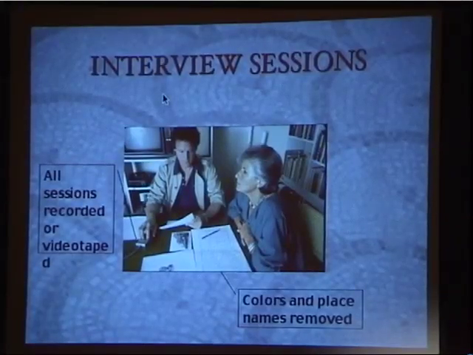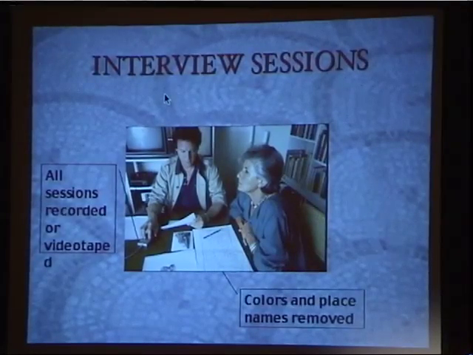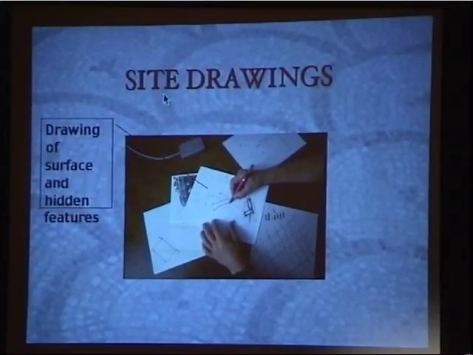I want to point out, you'll notice the maps. You'll see this a little more later on. We take all the colors off the maps and the place names off the maps so that there's no cueing. This is Hella. We tape record or videotape all of the sessions. We ask them to not only first locate things, then when they have located something, we ask them to go there.